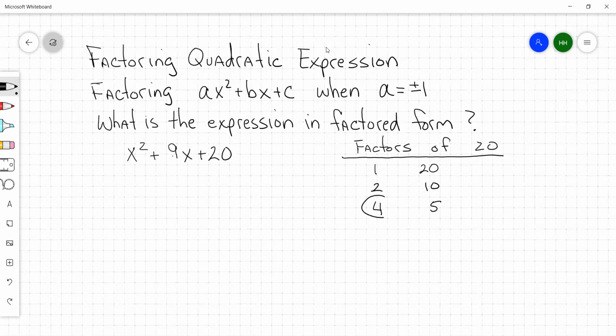So there it is, 4 and the 5. So when we write this trinomial in factored form, it is going to be x plus 4 times x plus 5.